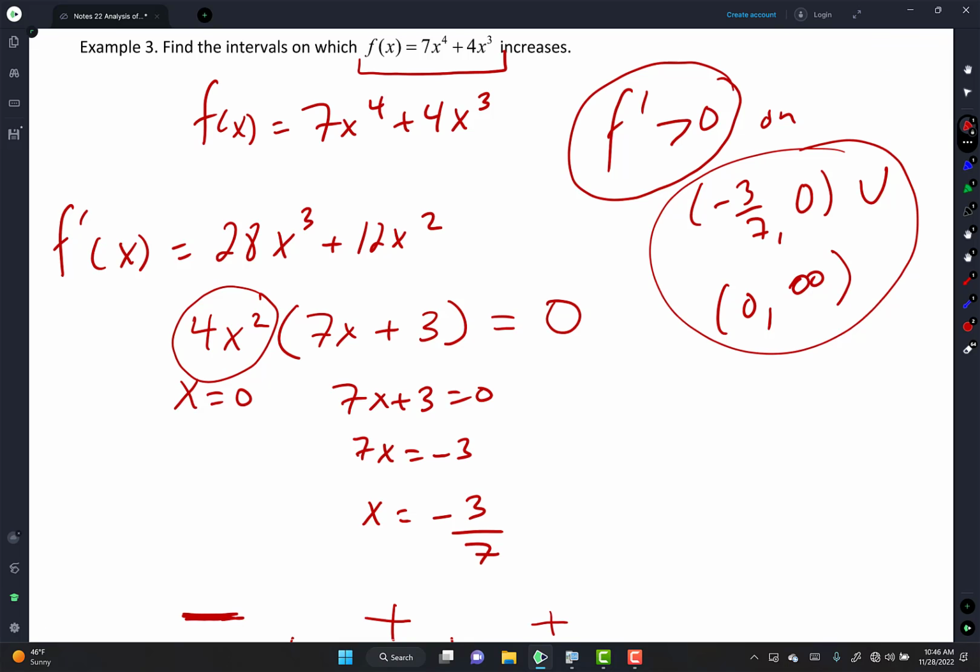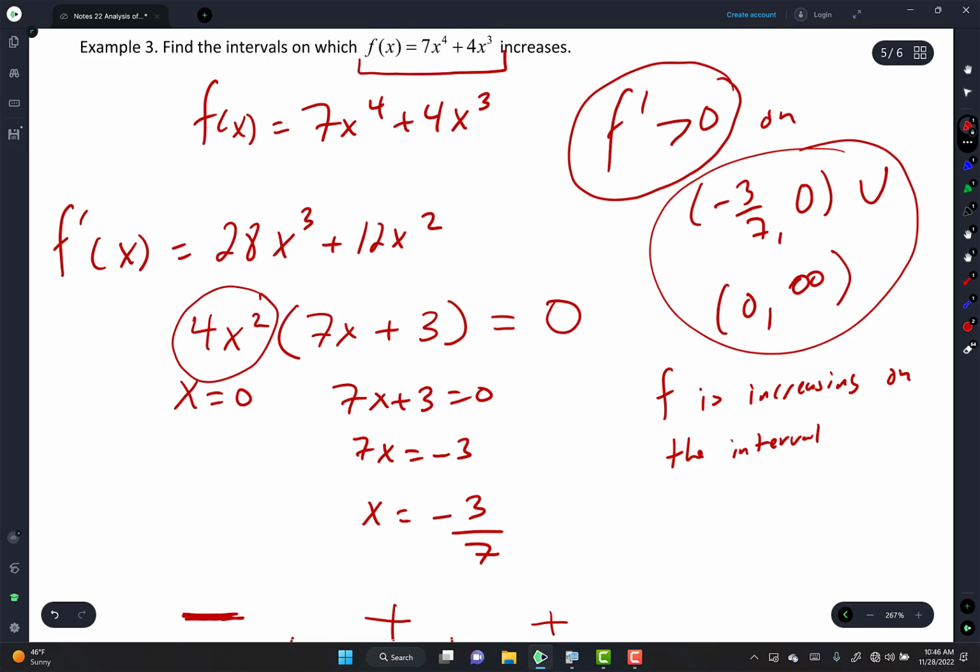All right, here's how you would write it, guys. F is increasing. You increase or decrease on an interval, yes or no? F is increasing on the interval, bracket, -3/7, comma, infinity, parenthesis, close.